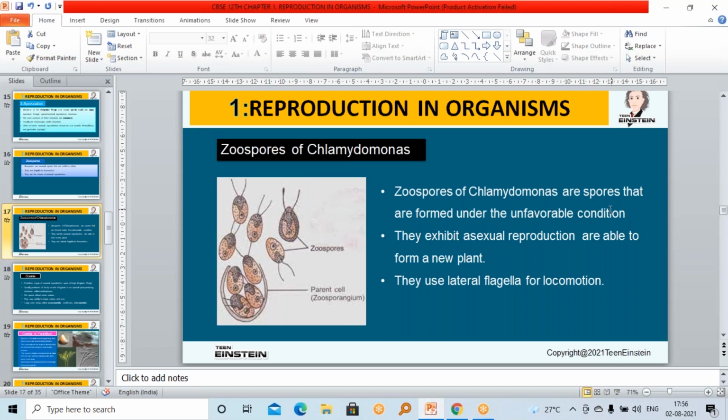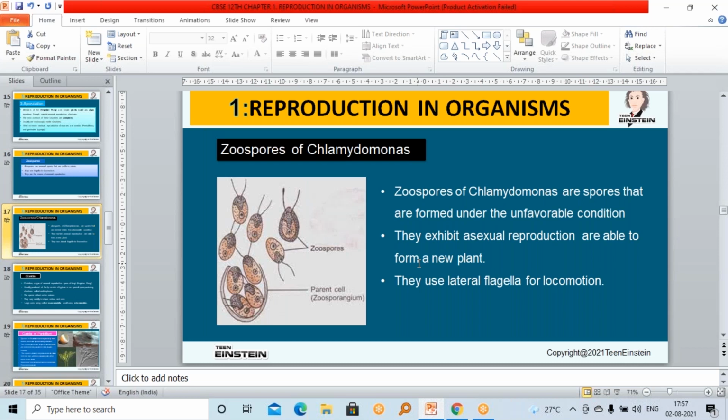Zoospores of Chlamydomonas are spores which are formed under unfavorable conditions, and they exhibit asexual reproduction.